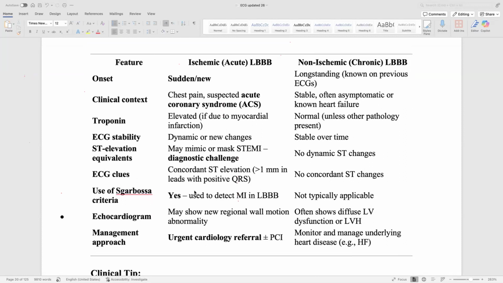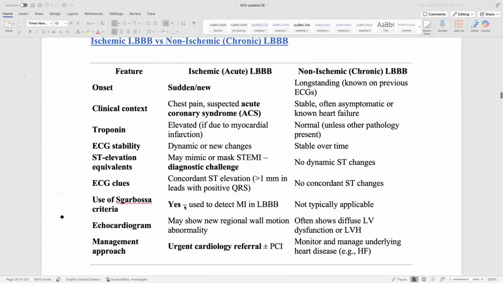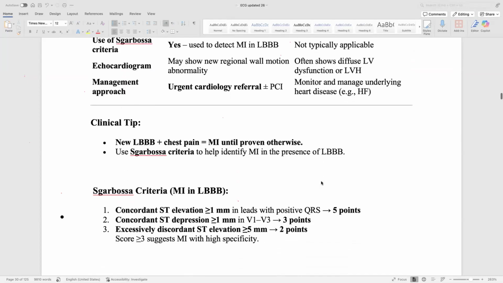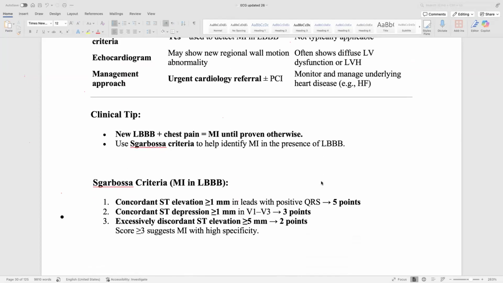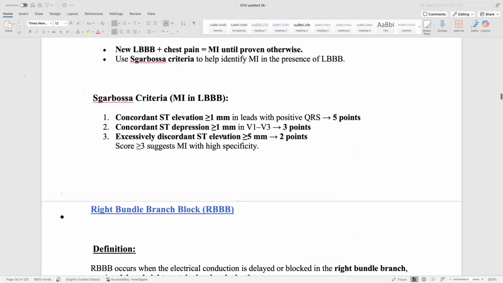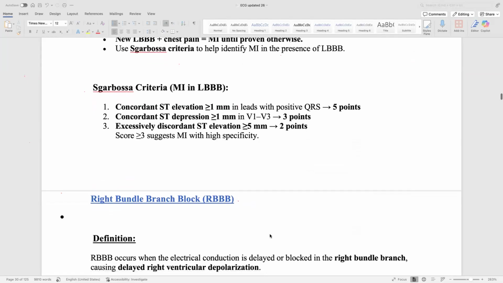Otherwise, use the Sgarbossa criteria. If it is present, this is pointing towards acute ischemia. We'll go into detail of it.